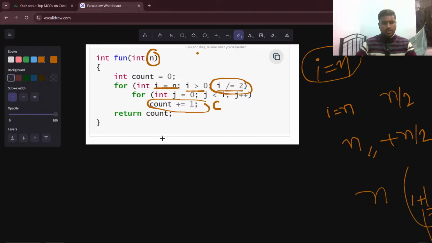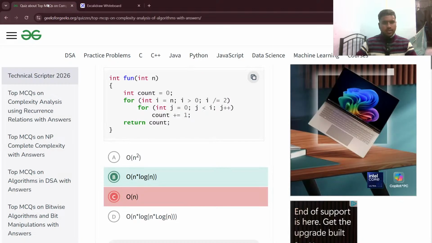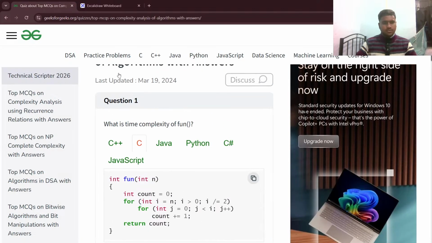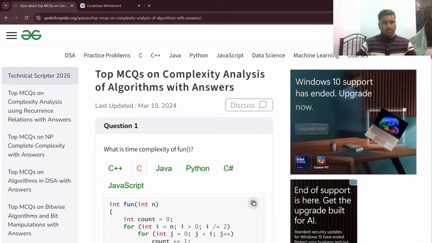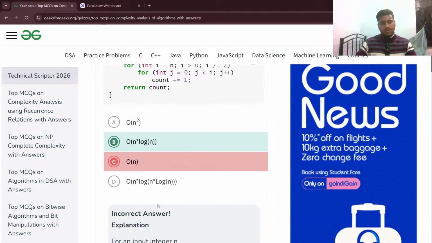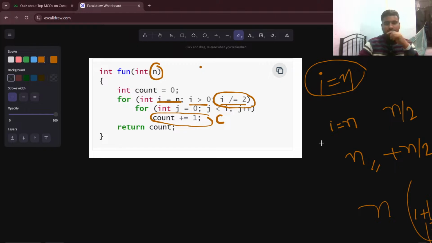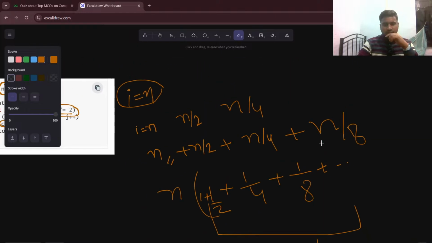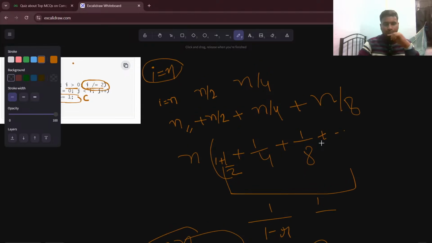And the complexity of the function is n log n. How can it be n log n? Let me submit it. Maybe I made some mistake while solving this problem. Let me check it once more.